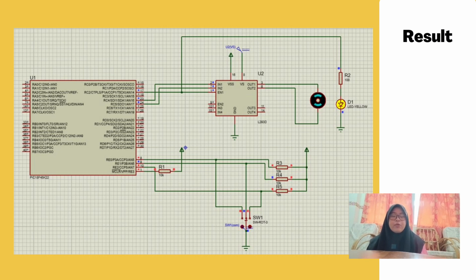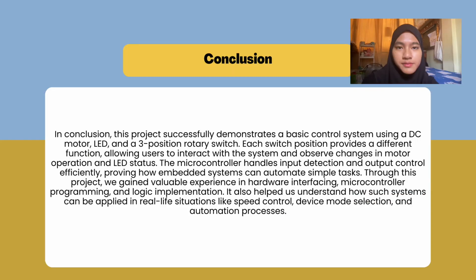indicate maximum output intensity. In conclusion, this project successfully demonstrates a basic control system using a DC motor, LED, and 3-position rotary switch. Each switch position provides a different function, allowing users to interact with the system and observe changes in motor operation and LED status.